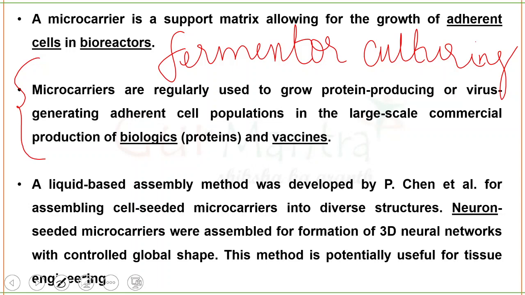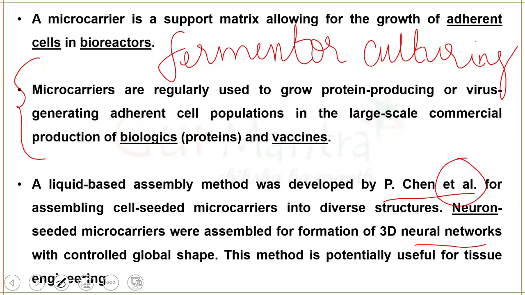A liquid-based assembly method was developed by P. Chen et al., which means his colleagues also, for assembling cell-seeded microcarriers into diverse structures. Neuron-seeded microcarriers were assembled for formation of 3D neural networks with controlled global shape.